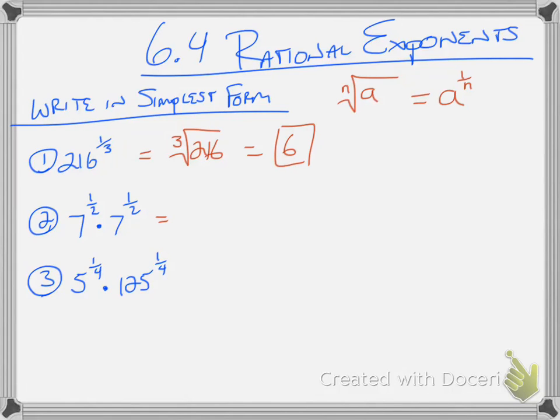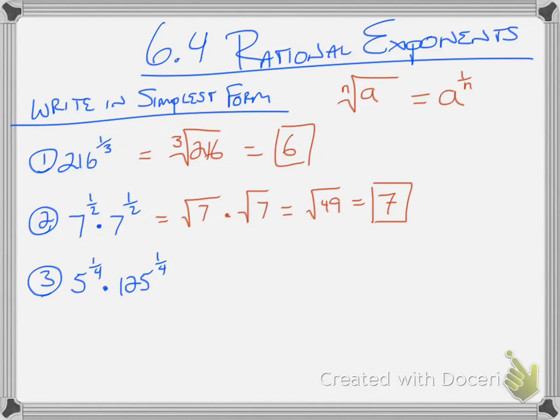And this one, what I can do is I can change the 7 raised to the 1/2 as the square root of 7 times the square root of 7. And now, because the radicals are the same, they're both square roots, I am allowed to multiply them, and that becomes the square root of 49, and then the square root of 49 becomes 7. So that's how it's simplified.